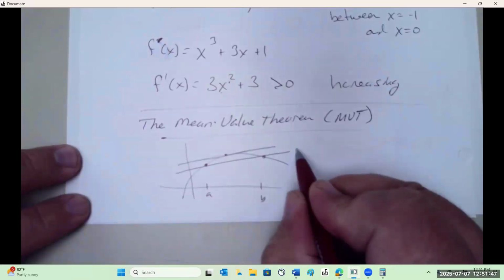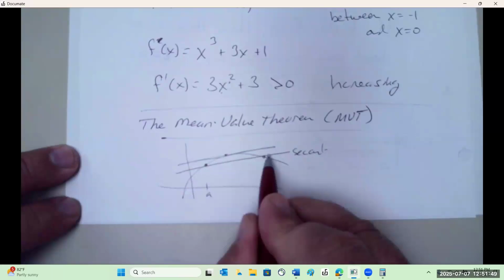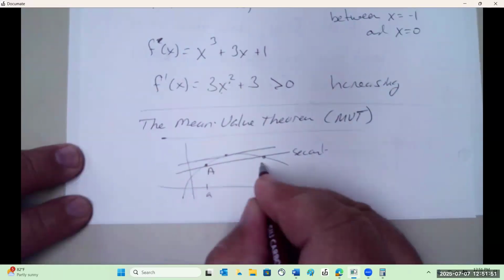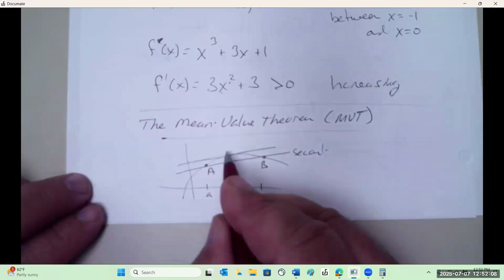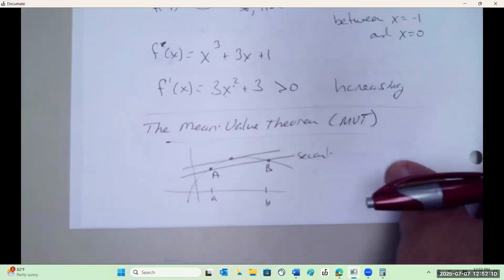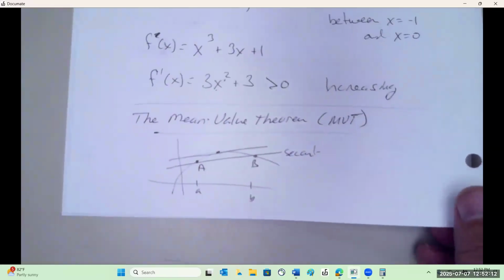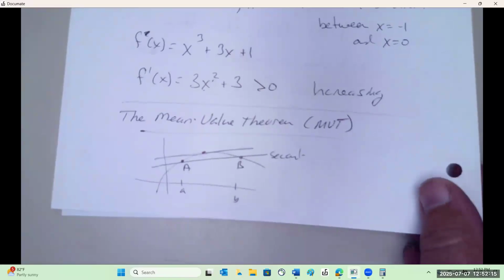So any secant line connecting A and B, here's A and here's B, there's a parallel line tangent to it, touching the curve at only one place. That's what it's telling us. We're going to be interested in finding that value. That's not what the theorem is, it's what it's looking for it to tell us.